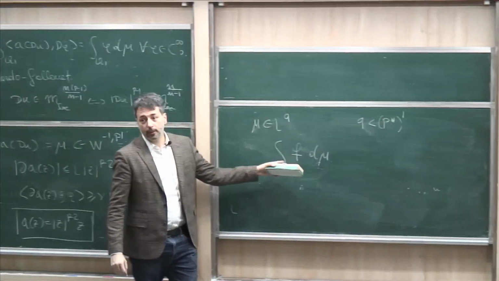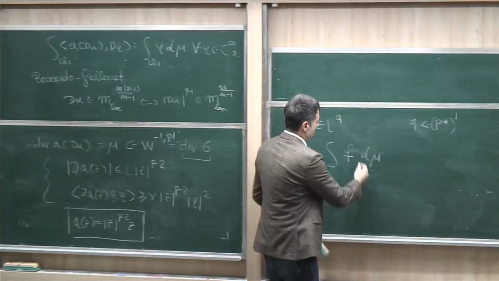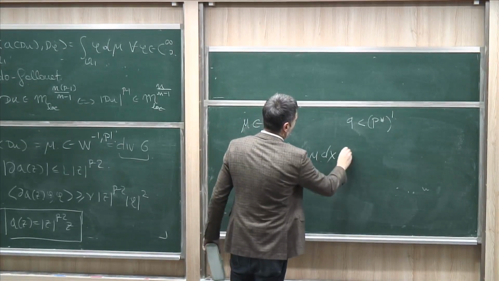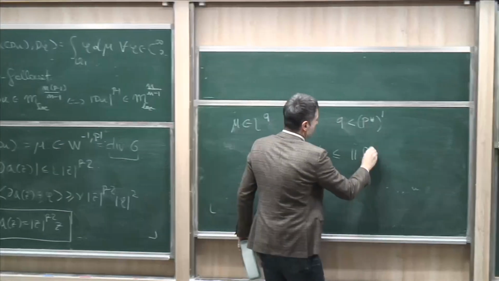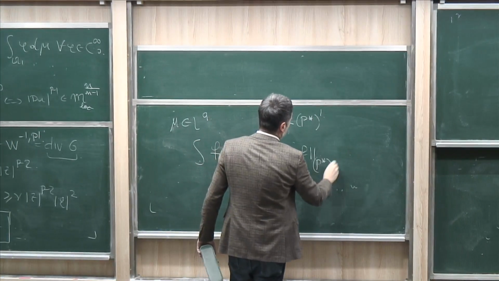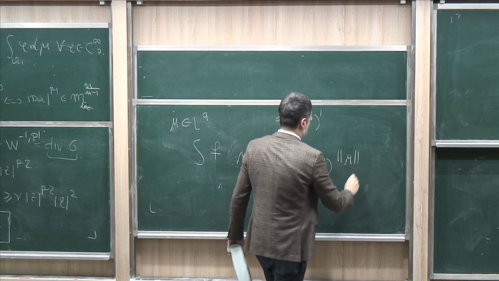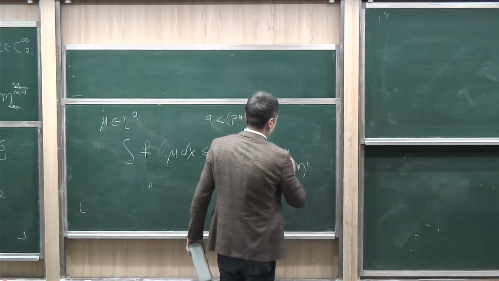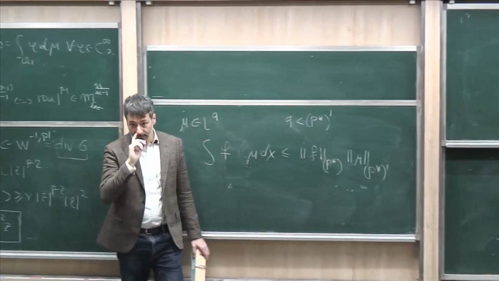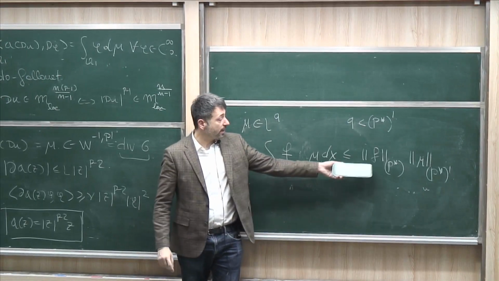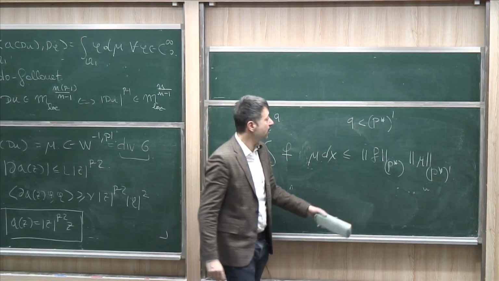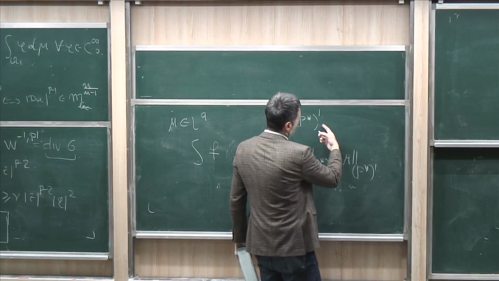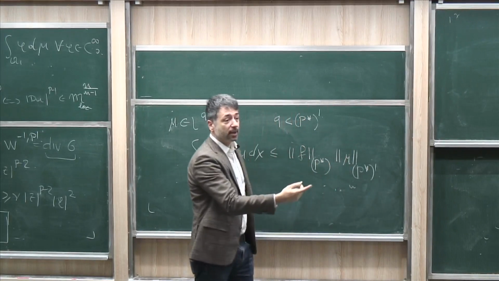If f belongs to W^{1,p}, then you can make sense of it. You can use Hölder, and then this is p star, and this is p star prime. So if you are here, then this belongs to the dual, and p star prime is the Sobolev conjugate, Np over Np minus N plus p.